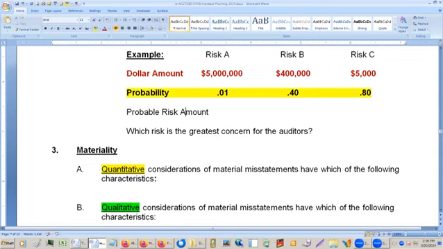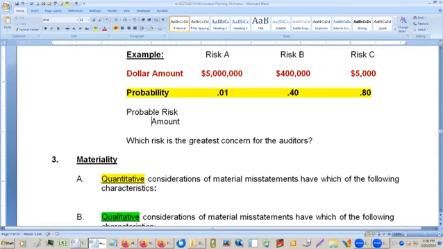Okay, so 1% of 5 million, 50,000? I think that's right. 40% of 400,000 is 160,000.